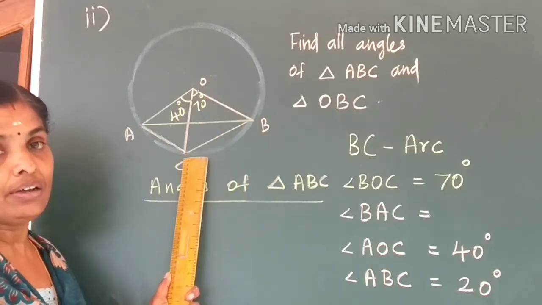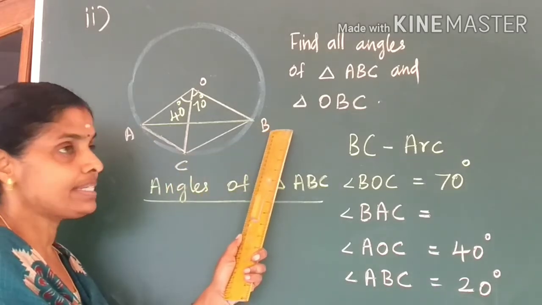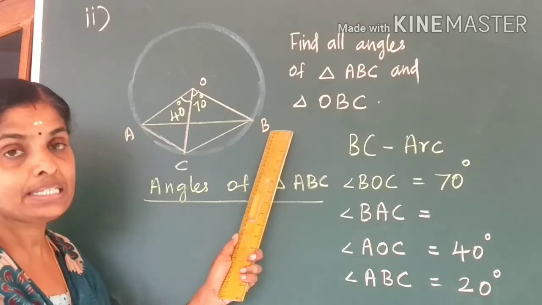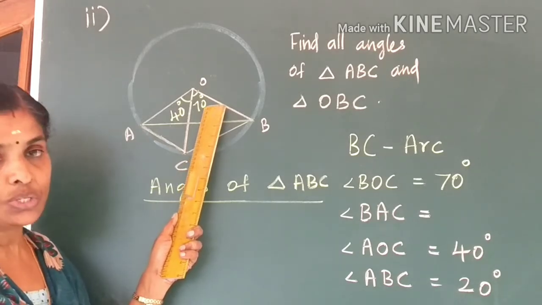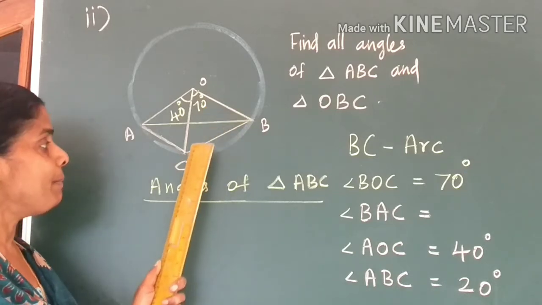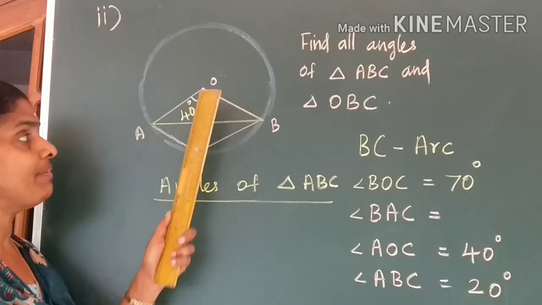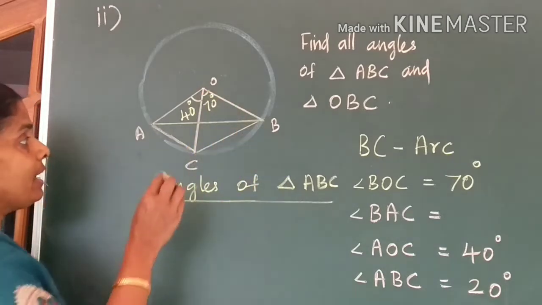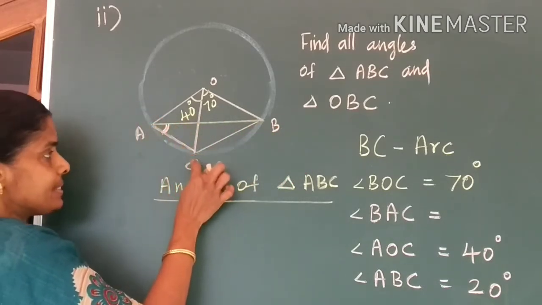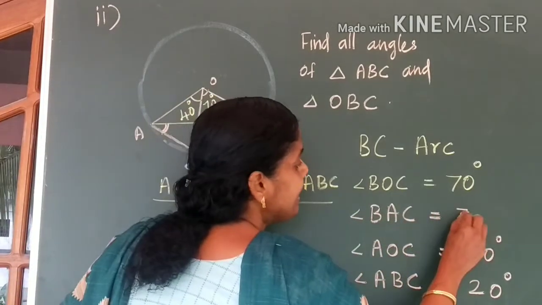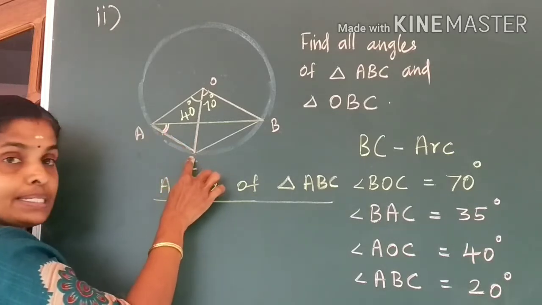Now look at the figure. From the figure you can understand BC is an arc. Okay. BC makes an angle 70 degree at the center. So you know the angle made by BC arc would be half of this 70 degree. So you can say this angle, that is angle BAC, is equal to 35 degree. Same way we can say AC is the arc.